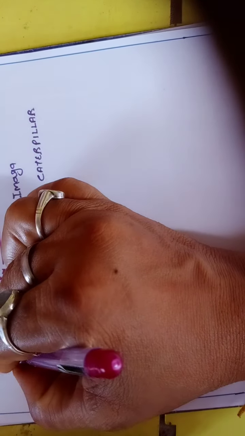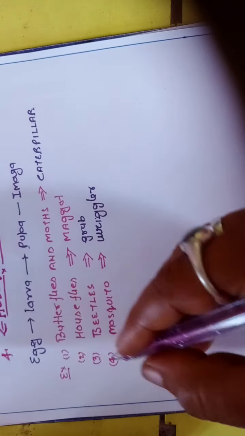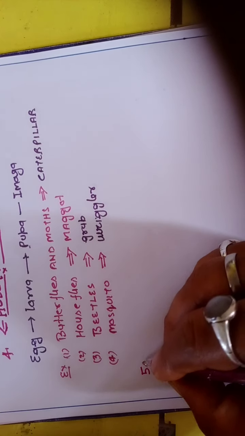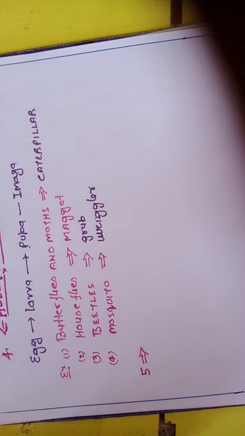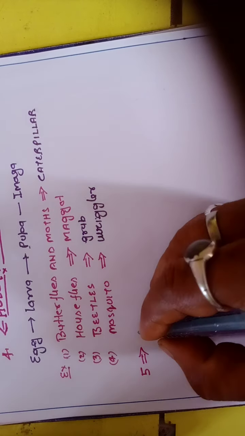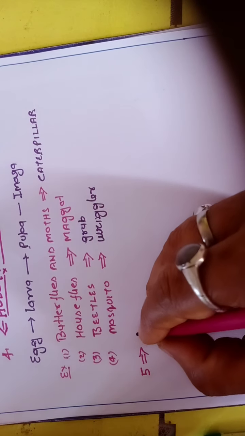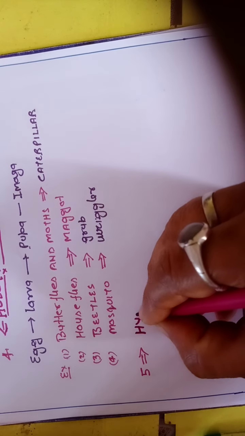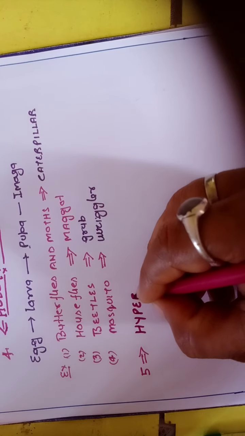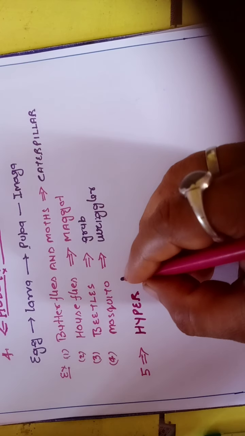After that we are going to discuss the last or fifth metabolism. Suppose more than one larva is present in the life cycle, then it is not only holo, it is hypermetabolous. So the last is known as hypermetabolous.